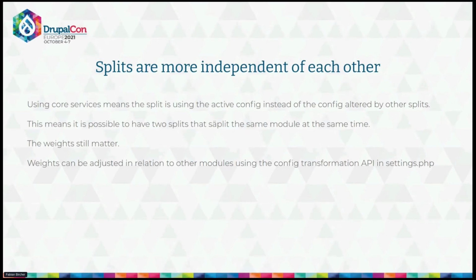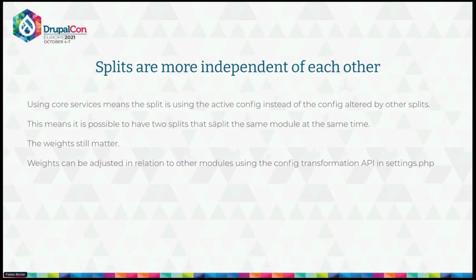So if you want some split to be before or after some other event subscribers for this configuration transformation API, like config ignore or the core one that excludes modules, or other modules, then you can do that.